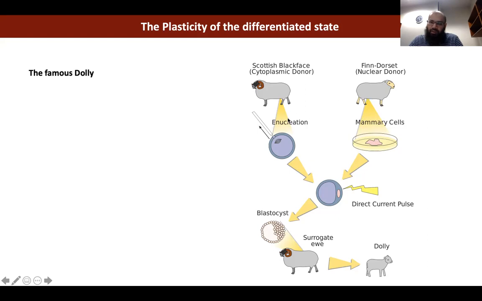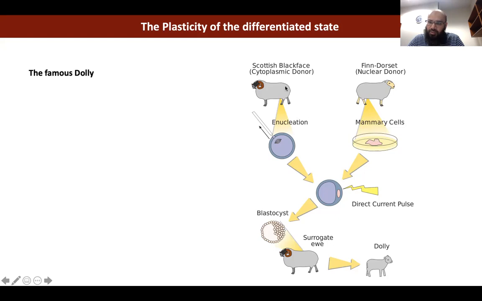They take somatic cells from one sheep, take out the nucleus, and put this into a blastocyst of a different sheep.